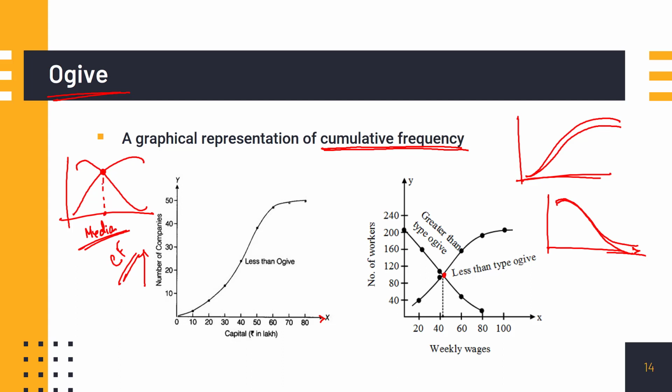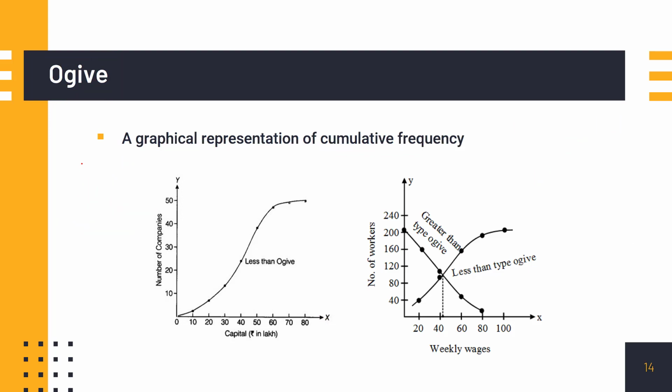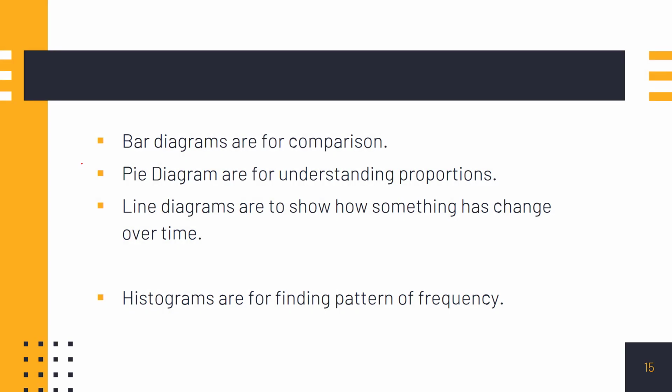So the median can be visually calculated using an ogive. That is one of the applications of an ogive, to find out the median, right? So these are different kinds of visual representation tools that we use in statistics.